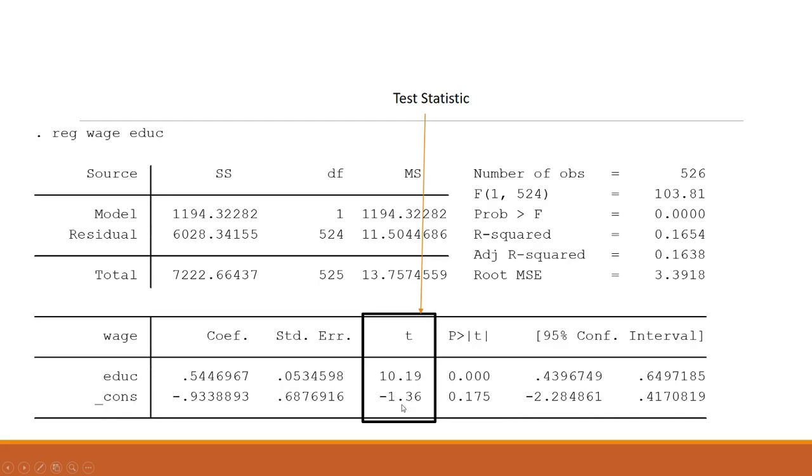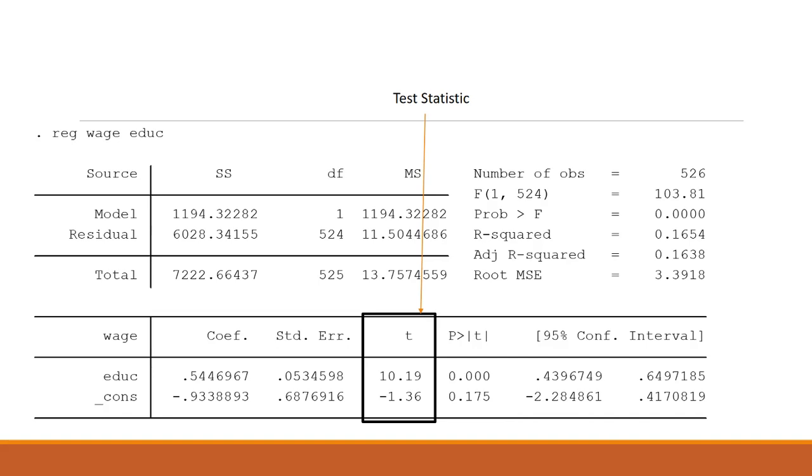All right, now, pausing there, think back again. We want to test our null hypothesis. Our null hypothesis is that the true beta 1, the true relationship between wage and education, is 0. That's our null hypothesis. And so now we're performing a t-test to test that hypothesis. Now, if you remember from last lecture, what we typically do is we find our p-value.